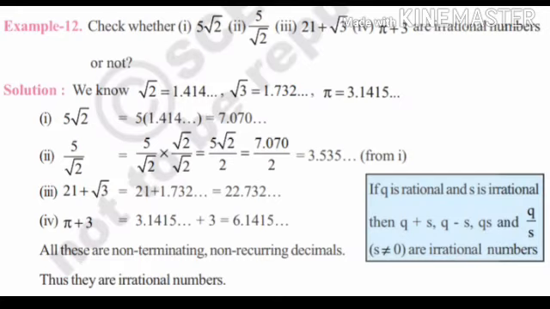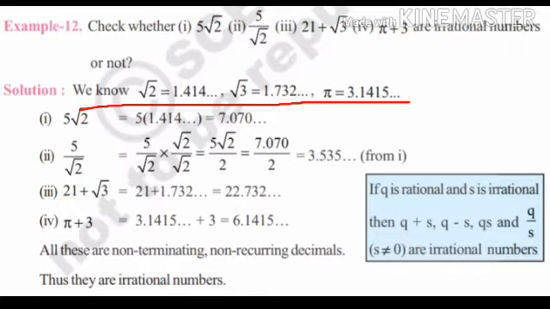Example 12. Check whether 5 root 2, second question 5 by root 2, third question 21 plus root 3, fourth question pi plus 3 are irrational numbers or not. Solution.